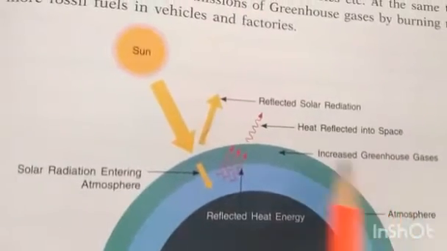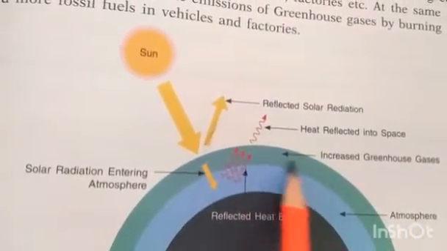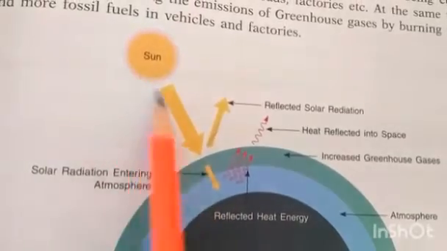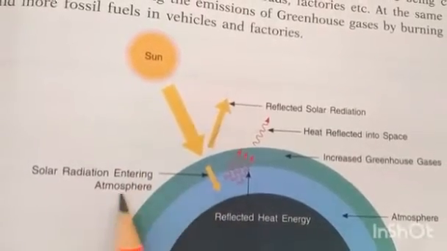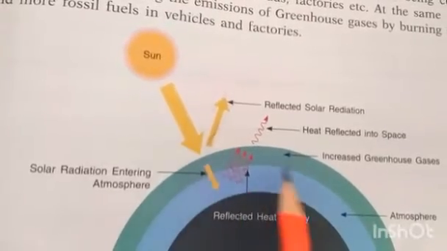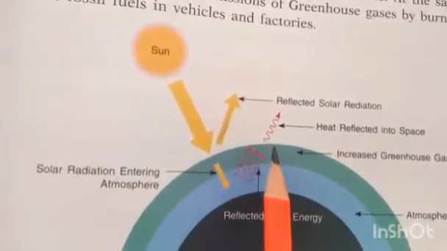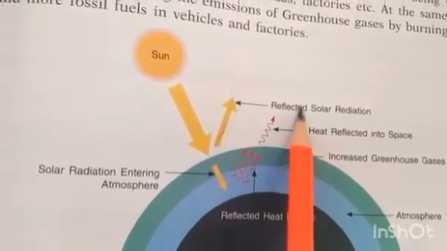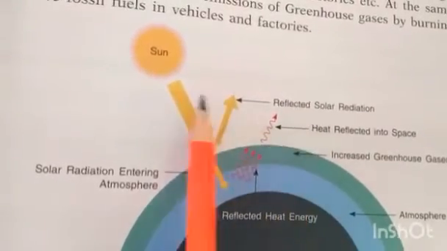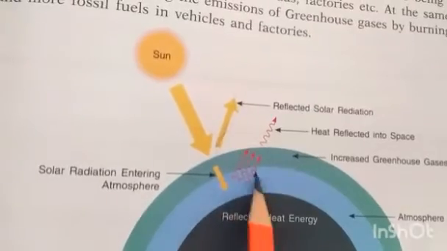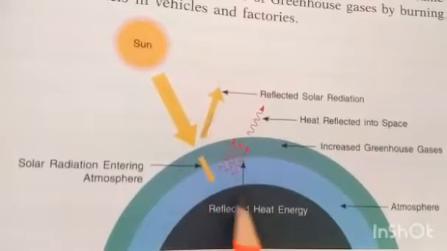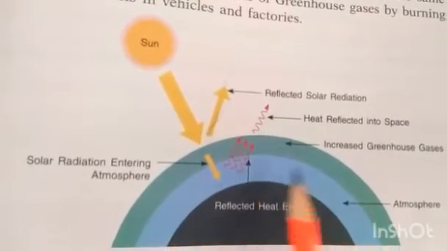Increased greenhouse gases: what is happening? Here is solar radiation entering the atmosphere. Less heat is reflected back into space, while more heat is absorbed here.